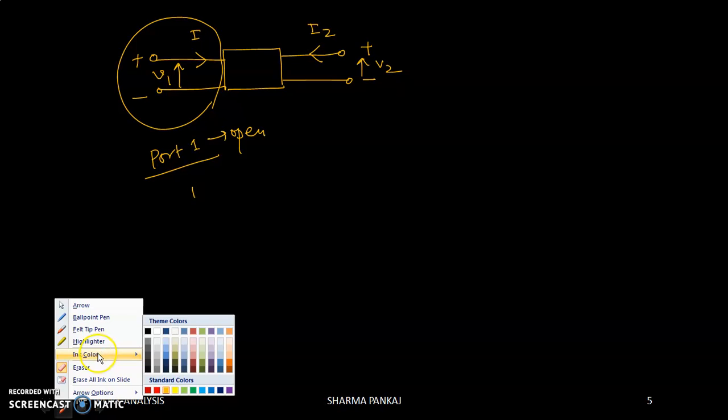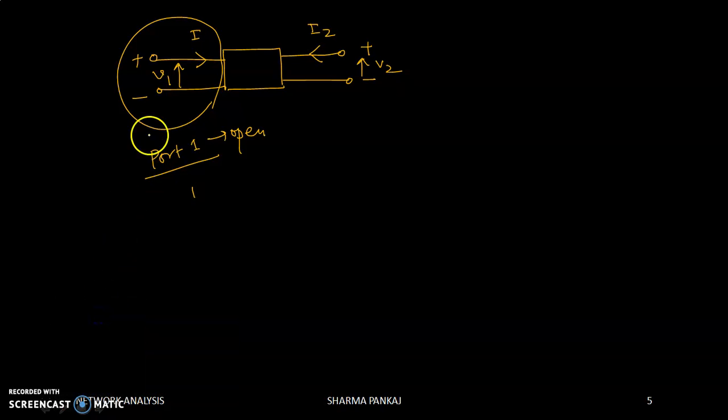Port number 1 will have current I1. When it is opened, I1 will be equal to 0. Only I2 will exist here.